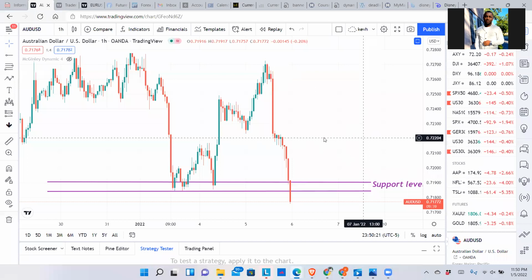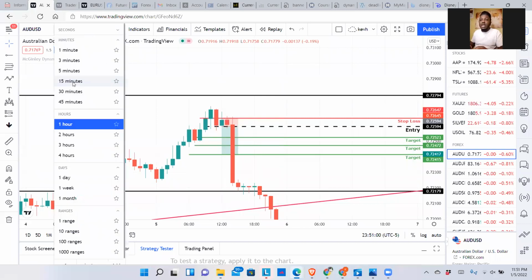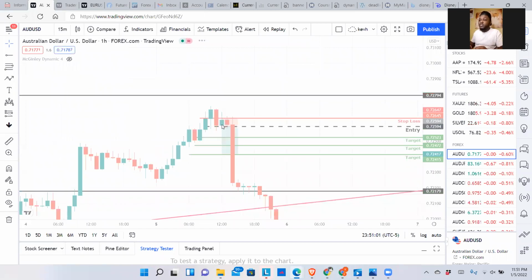I only had a couple TPs. But let us see. Okay, so my network is starting to misbehave right now. Okay, so this was the drop right here. It was a quick trade on the 15 minutes. Went back to our stop loss and then continued to push down.